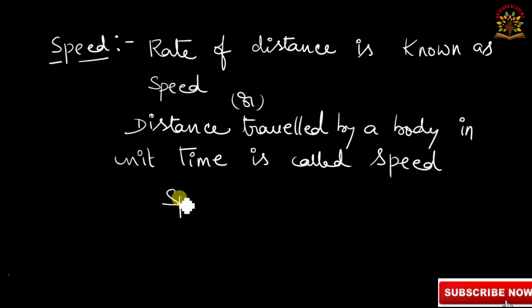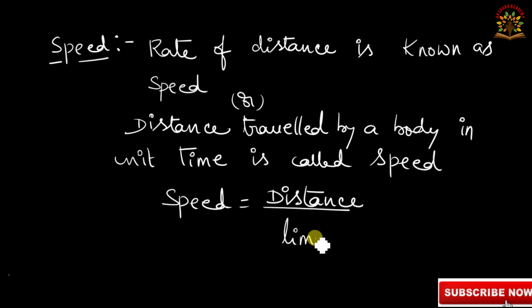Speed is equal to distance by time. What is speed? Rate of distance is known as speed, or distance travelled by a body in a unit time is called speed. Speed is equal to distance by time.